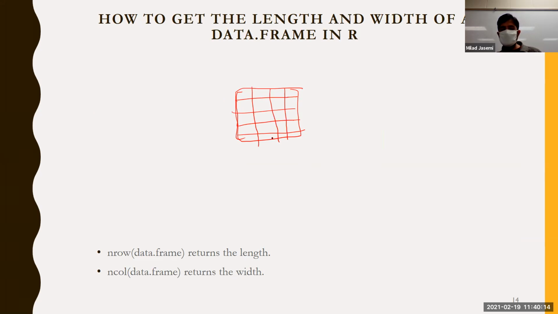That's also the awesome part of learning Java. When you learn Java, you are ready for anything else. We call this length, and we call this width. How to get the length of a data? It is the table that you have in R, and you put this command, nrow, number of rows. It gives you the length of that table. ncol, with the table in the parentheses, returns the width of the table.